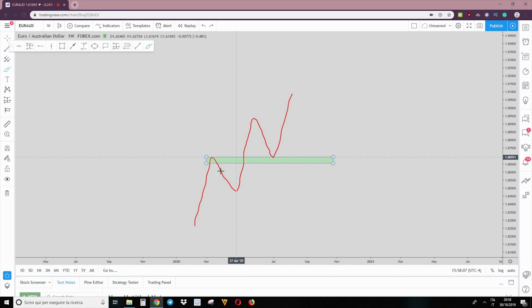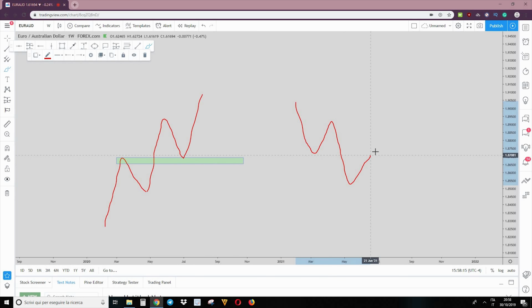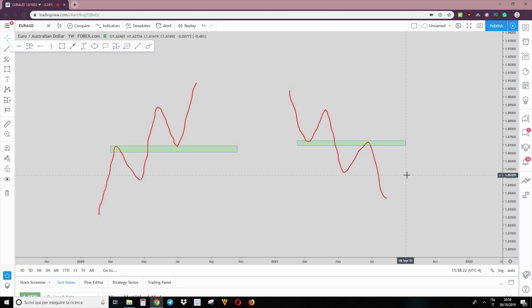So that is the reason for which you see previous resistances become support and previous supports become resistances so often in a market, every single day on every time frame. This is a very important concept in the market, and you see this happening over and over again. So market structure is basically this.